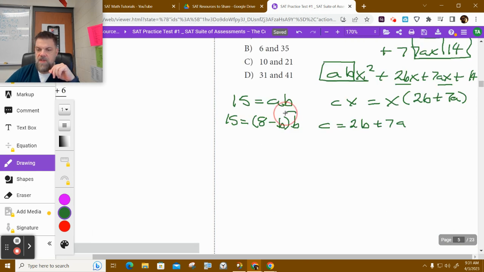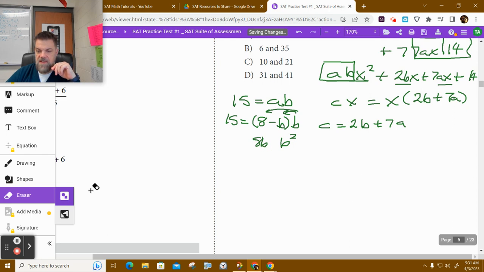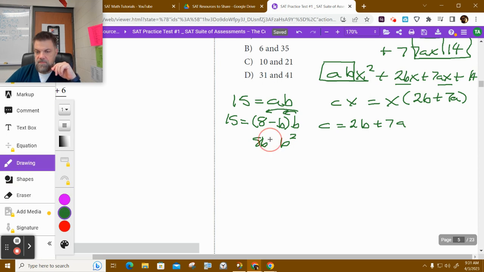I'm going to distribute the b through the parentheses, and I get 8b minus b squared. Let me clean that up a little bit. Equals 15. Now, that could be a quadratic, right?